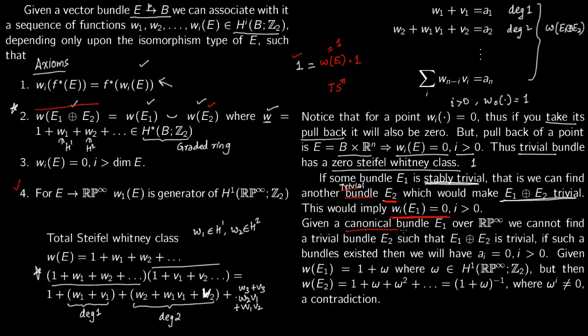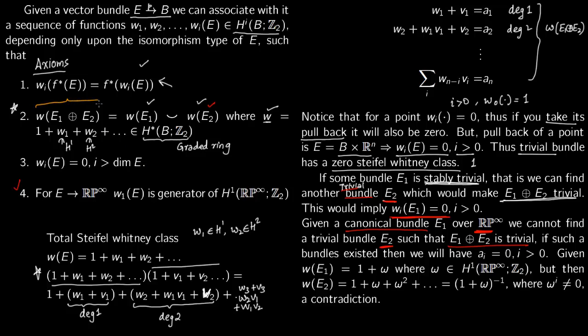So if you have a canonical bundle E1 over RP infinity, then you cannot find a trivial bundle E2. That is, if E1 is the canonical bundle over RP infinity, it cannot be stably trivial, because you cannot find a trivial bundle E2 such that E1 direct sum with E2 is trivial. Now if such a thing happened, we will use 2 again. So then we focus on the left hand side.